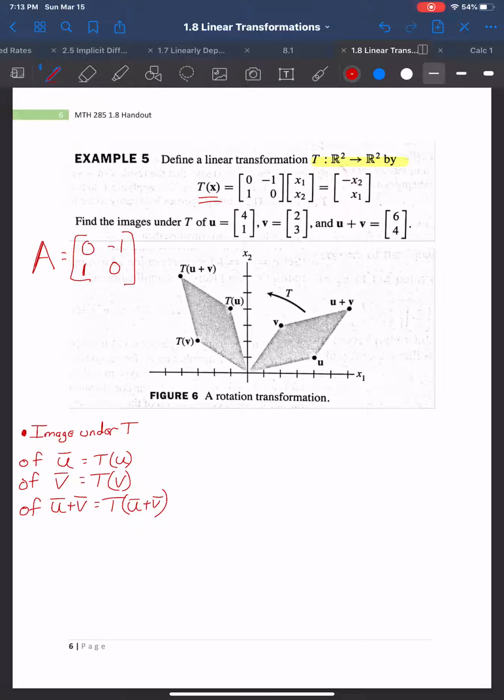Now our job is to find the images under T of u, v, and u plus v. So here we go. I'm down at the bottom. If you want to find the images under T of u, that is the same thing as asking what is T of u. I'm going to stop there for a second.